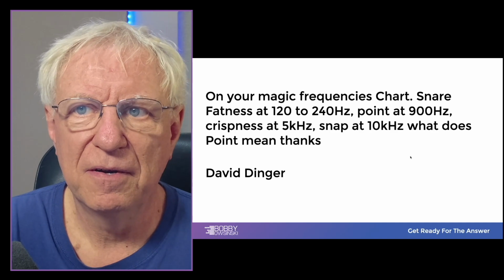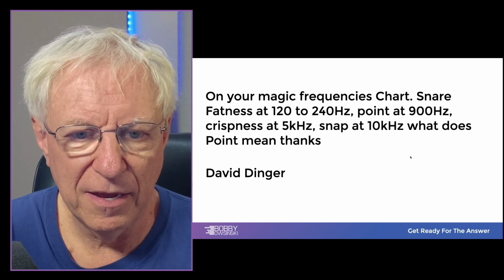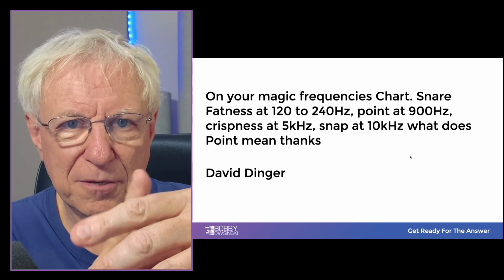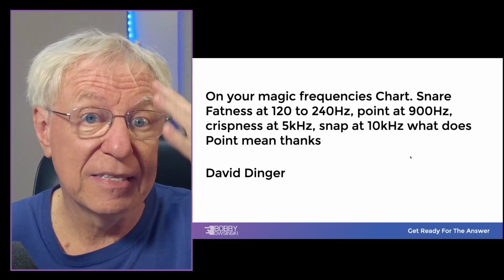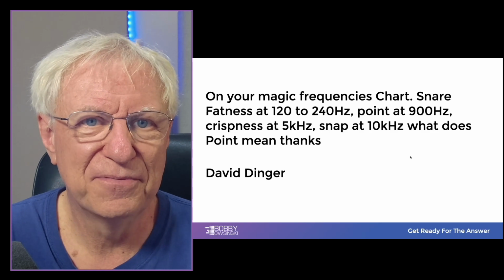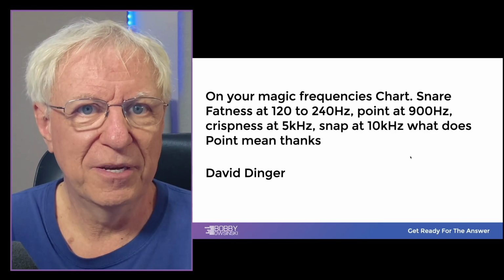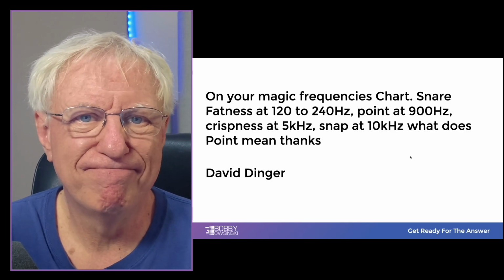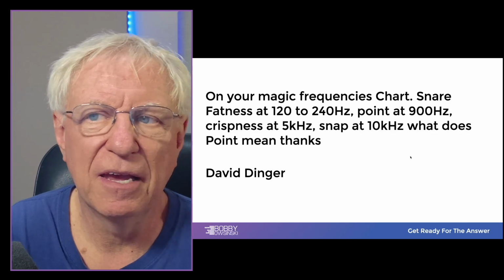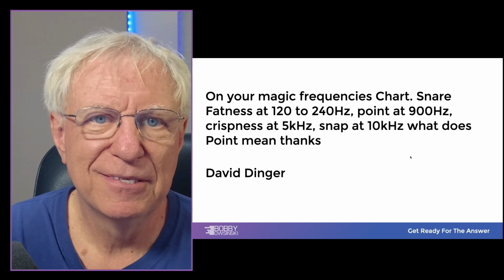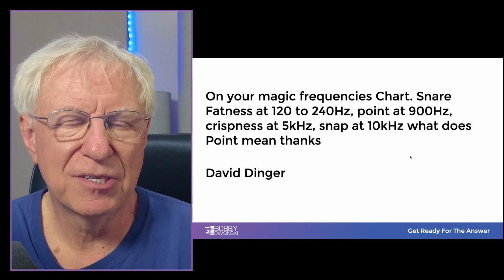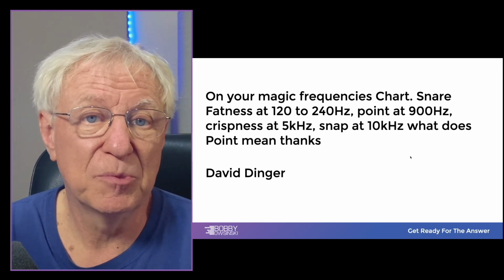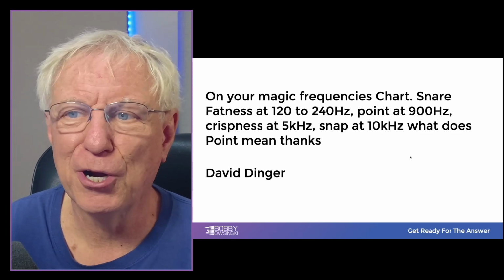Think of the point of a pencil. If you have a piece of cloth and you push the point, it will stick out through the cloth. That's kind of what point means frequency-wise, where you give it some point and it sticks out. So again, this can be anywhere from 900 to 2K, 2.5K even. And all these frequencies are just areas. It could be a little higher, a little lower. But generally speaking, they pretty much work.